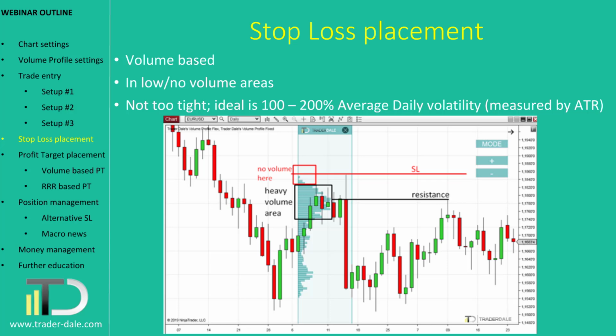So let's say, for example, EUR/USD has an average daily volatility of 80 pips. You would be looking for no volume areas around 80 pips to 160 pips from the entry point. This is not a hard rule, just something to give you an idea where to look for your stop loss in no volume areas.